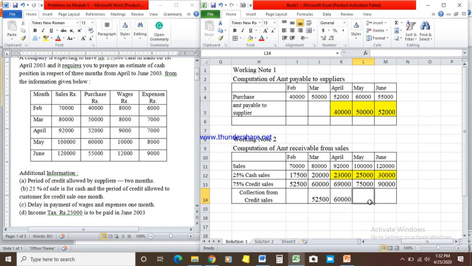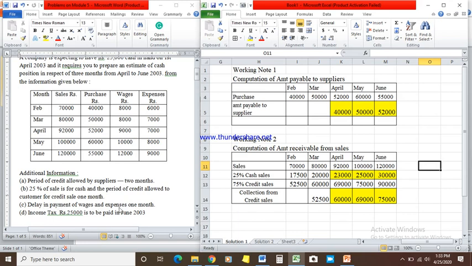Next, 69,000 in the month of May. And this 75,000 May credit sales will be collected in the month of June, because we are giving 1 month credit. Now, since our budget period is April, May and June, we are going to consider only these three figures. I hope it is understood to all of you.